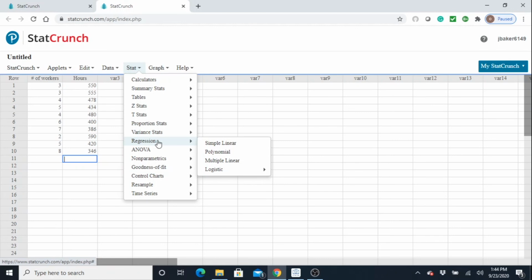I'm just going to hit compute, and I'm going to get a whole bunch of stuff here. Now there's a whole lot of information here, and if I press the arrow over, I'm actually going to pull it open just a little bit more. If I push the arrow over, you can actually see a graph with a line and all the points there.